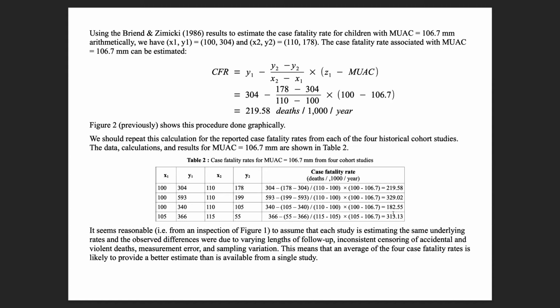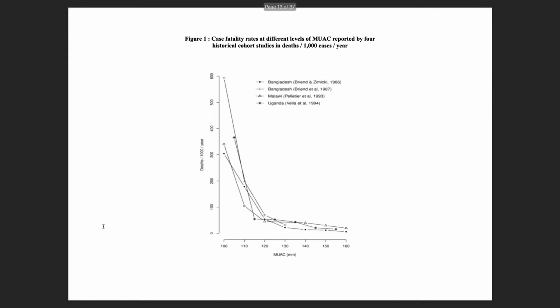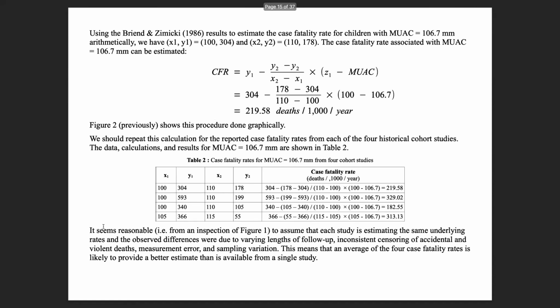So we've got some variability, but from our inspection of our earlier figure, I think it's reasonable to assume that each study is estimating the same underlying rates, and the observed differences are due to varying lengths of follow-up, inconsistent censoring of accidental and violent deaths, measurement error, and sampling variation. That means an average of the 4 case fatality rates is likely to provide a better estimate than is available from a single study.